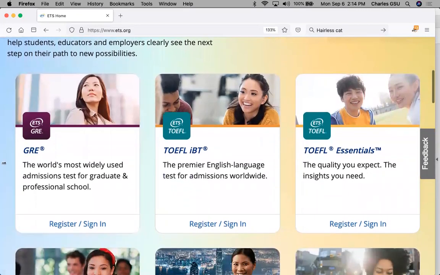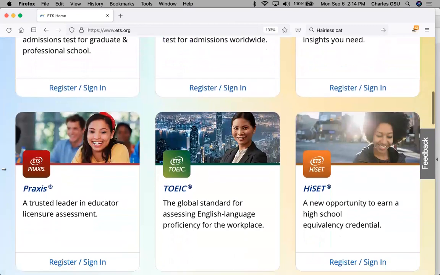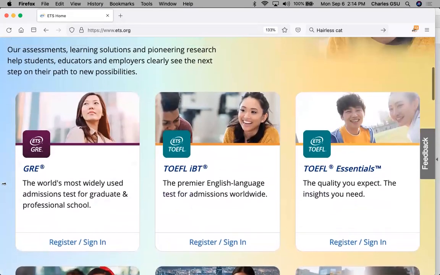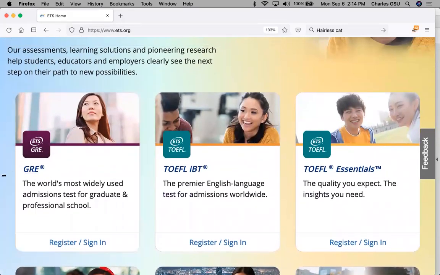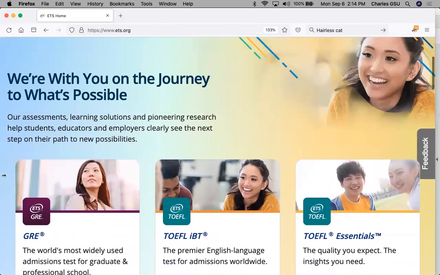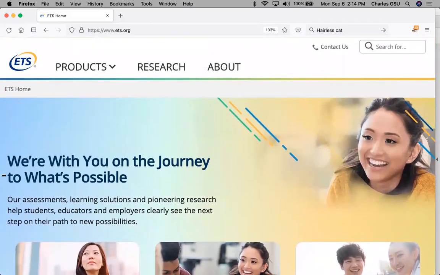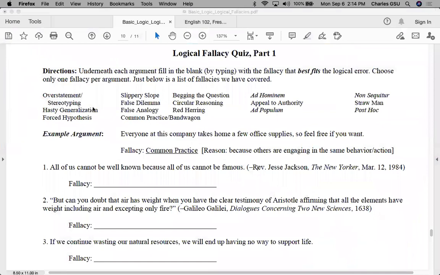The GRE, the LSAT, the MCAT, the Praxis, but especially the GRE, MCAT, and LSAT, they all have components of logic and reason on them, often in these kind of word problem formats. So hopefully this exercise and quiz information will help you not just now in your undergraduate career, but later in your life.